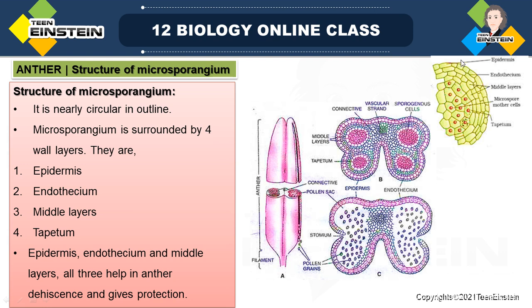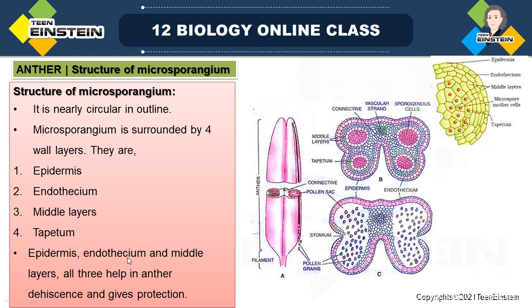Epidermis, you can see the outer single layer, that is called epidermis. Then endothecium is present just next to the epidermis, and middle layers are 1 to 3 layers of cells. This is also helping for the dehiscence of anther. Then the last layer is tapetum, the innermost layer.